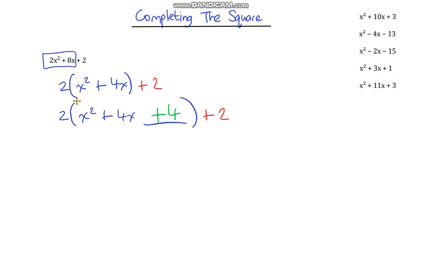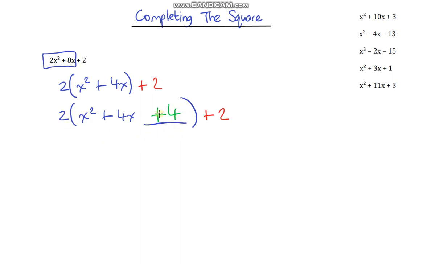Because everything inside these brackets is being multiplied by 2. So this x squared is being multiplied by 2. This is 2x squared, which is what we started with. This here is 2 times 4x, or 8x. So this 4 is also being multiplied by 2. So I haven't added on 4, I've added on 2 lots of 4.